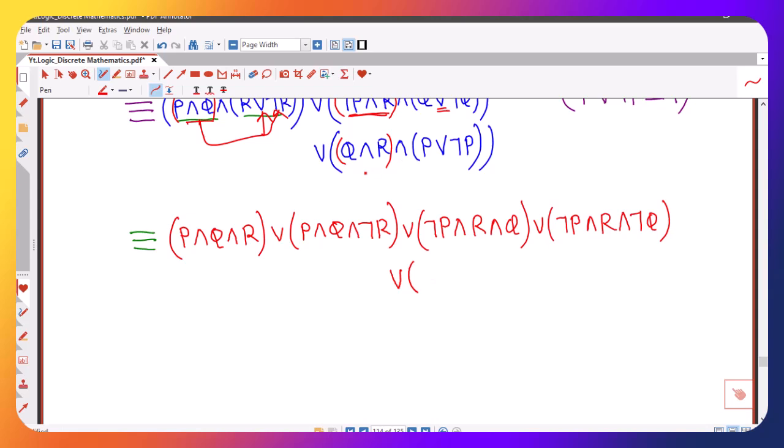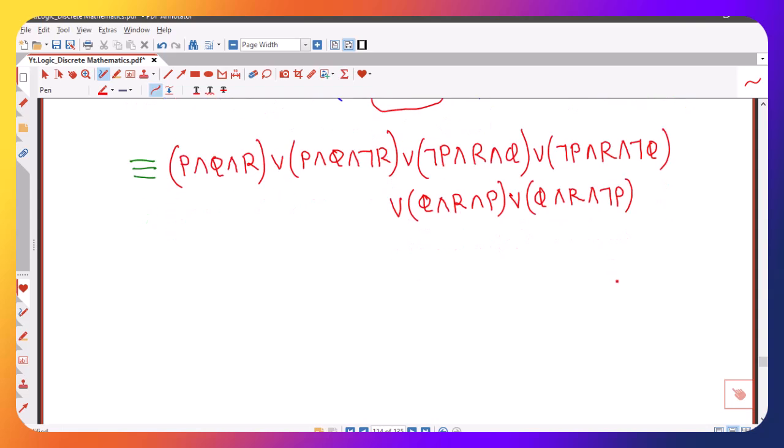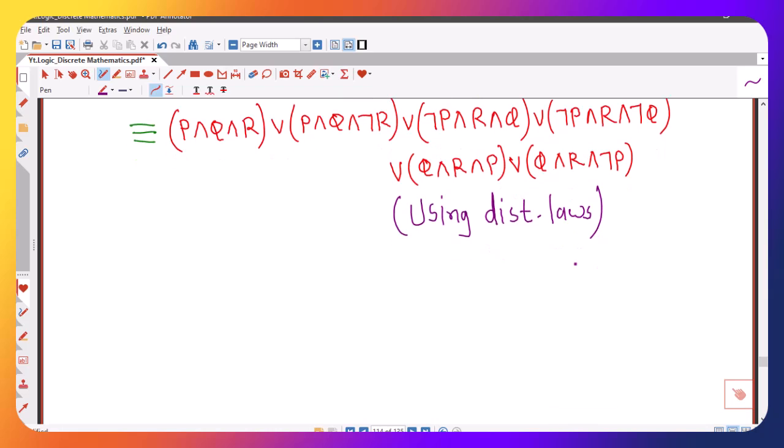Then q and r and p, again we apply the distributive law, q and r and p, or q and r and negation p. So this we have written using the distributive laws of logic.